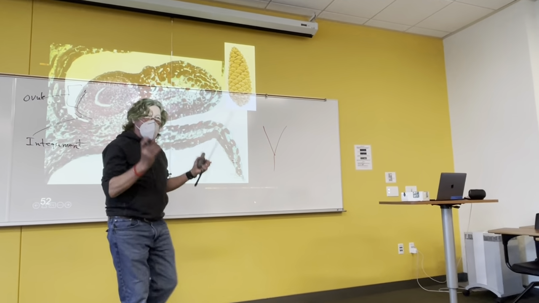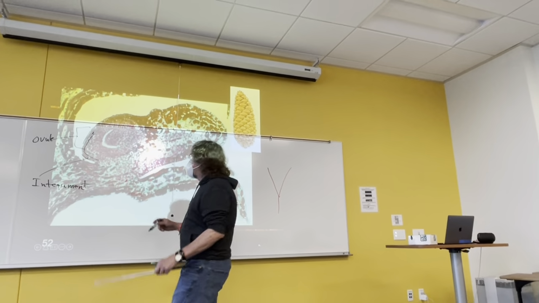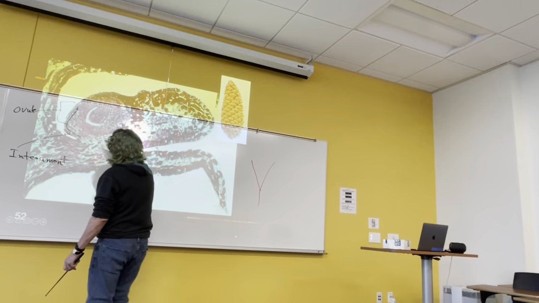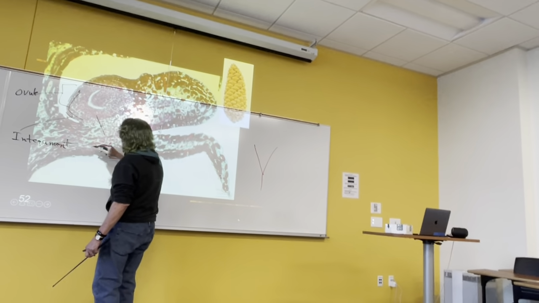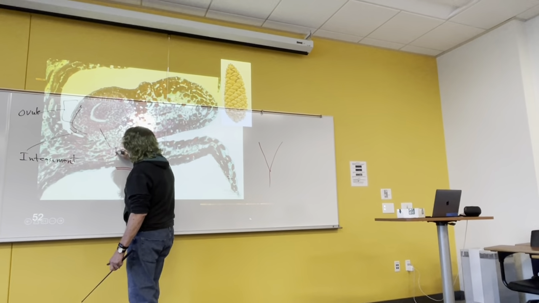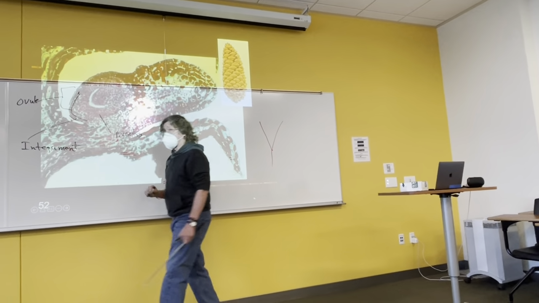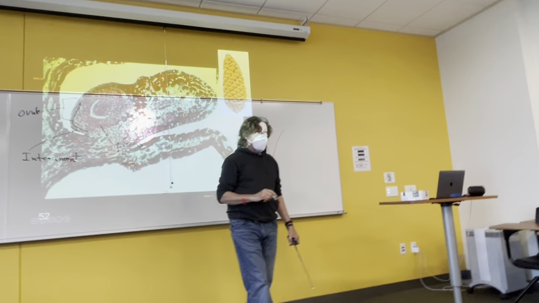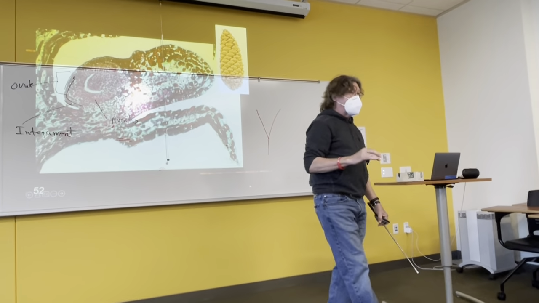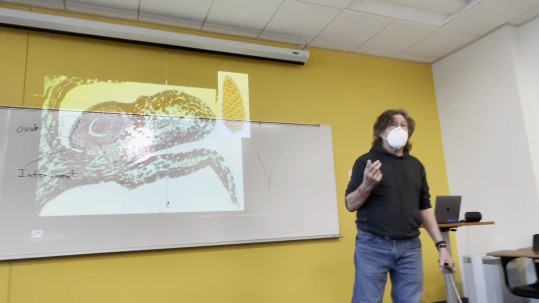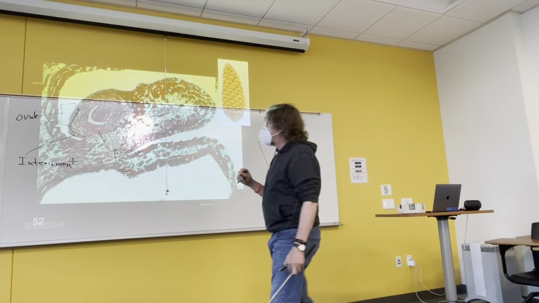Okay, it's a hard covering, rather woody. And then in here, there is material that's called nucellus. That will eventually be part of the food supply for the seed.